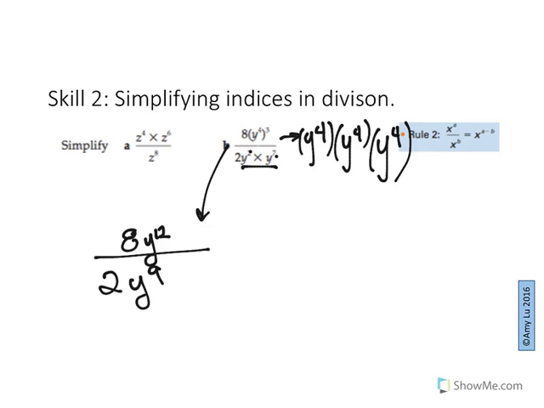Okay, so let's just work with the exponent, with the variable. So here we go. y to the power of 12 over y to the power of 9 makes simply y cubed.